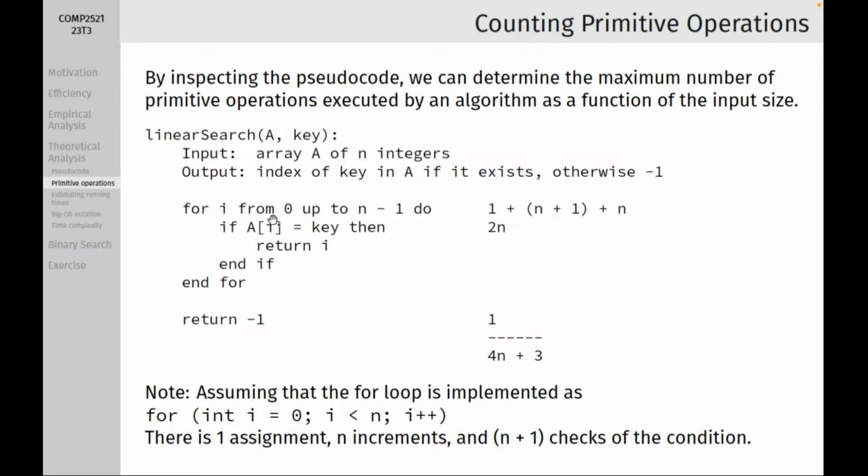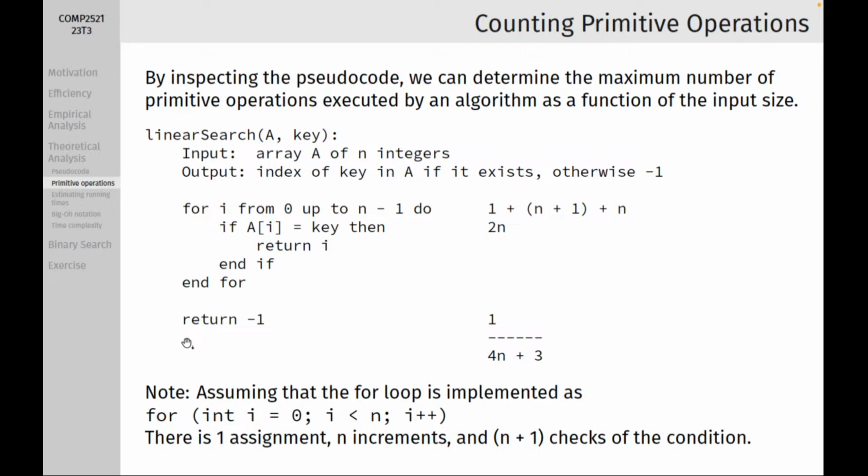First of all, we have a for loop, and it starts from 0 and goes up to n minus 1. So how does the for loop really work, and how do we count the primitive operations there? Well, we have to imagine how it would be implemented in an actual programming language.